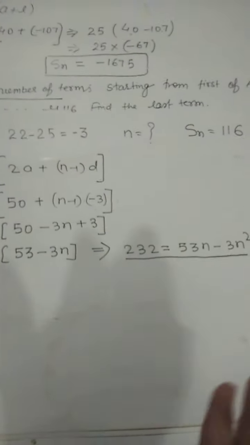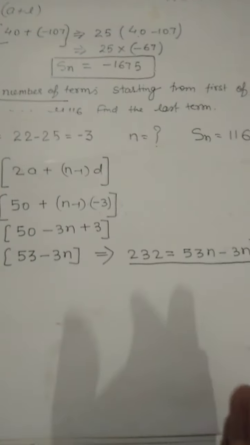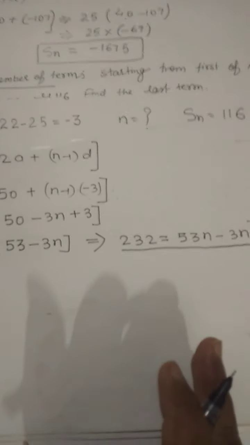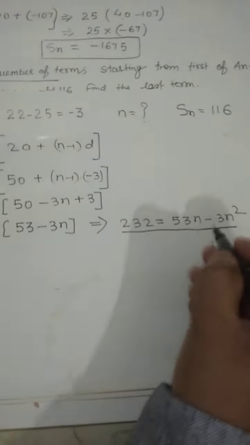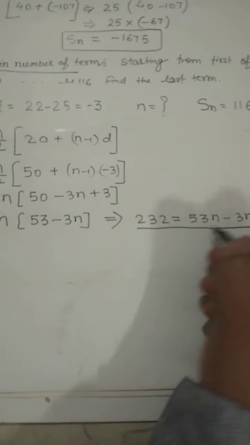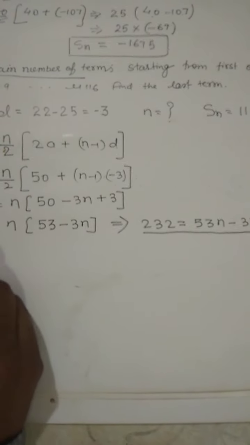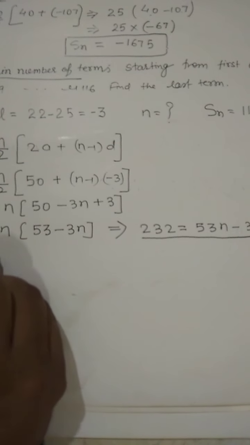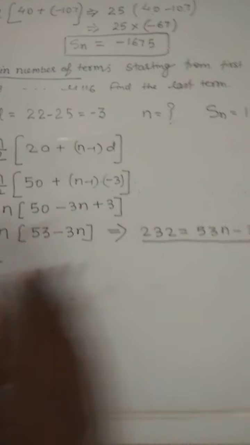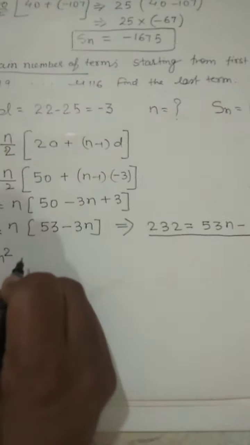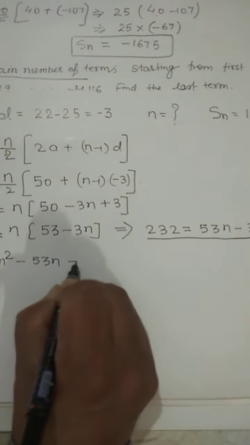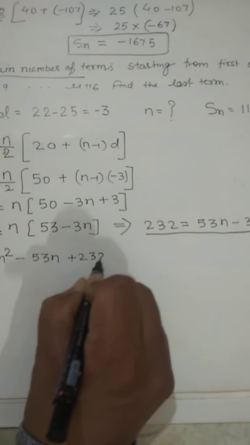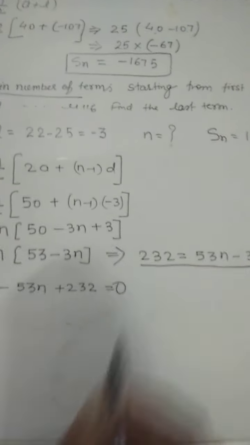Your concept will help in the other chapter also. Now we write it arranged: 3n square positive. This is my good habit, always try to write the square as positive. And this will be minus 53n plus 232 is equal to 0.